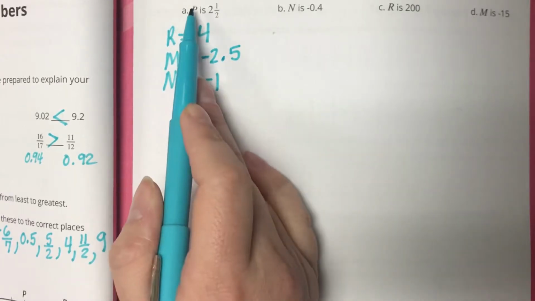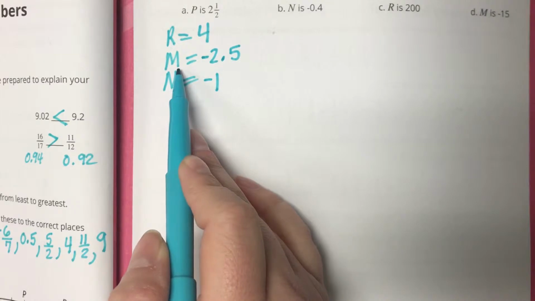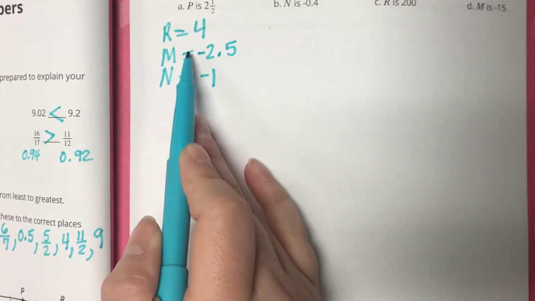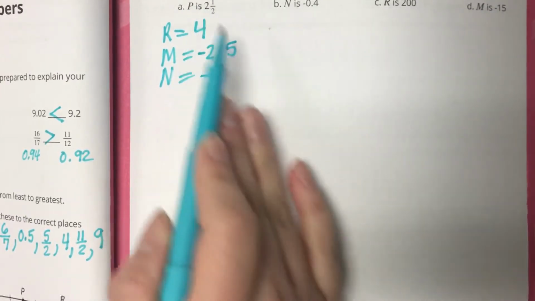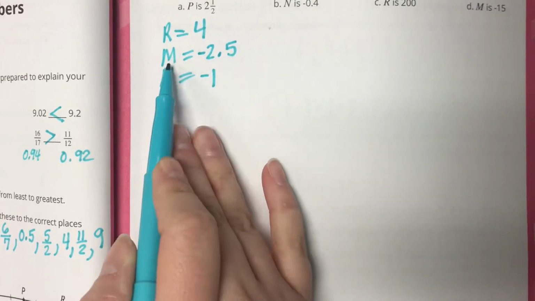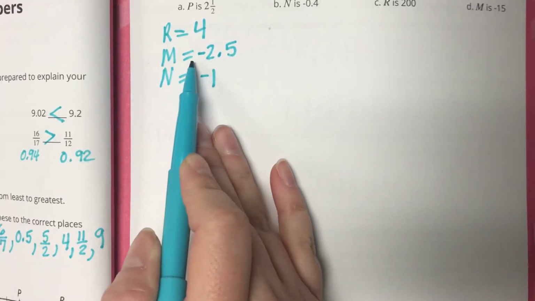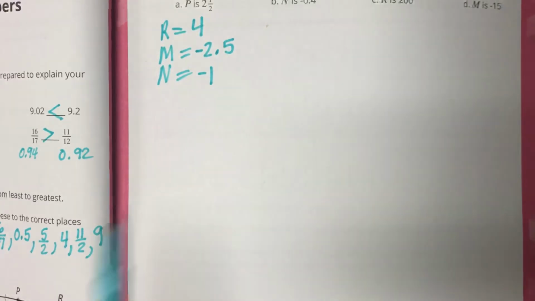So no matter what P and M are, they're going to have to be opposites of each other. So if this one's a positive 2.5, this one has to be a -2.5. If M was set up as a -5, P would have to be a +5.